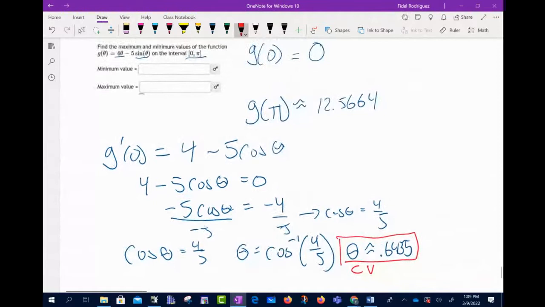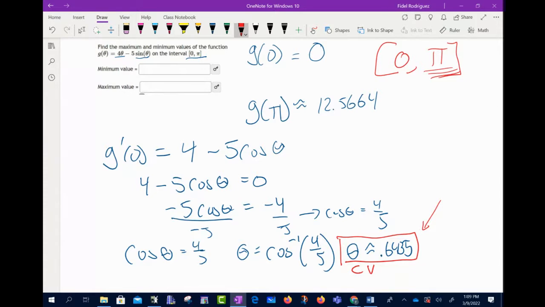So question, before I go on, would you say that 0.6435, is that in the interval from 0 to pi? Well, let's think about it this way. When you were back like in 9th grade, 10th grade, what was the approximation that we used for pi? 3.14. So isn't 0.6435 between 0 and 3.14?